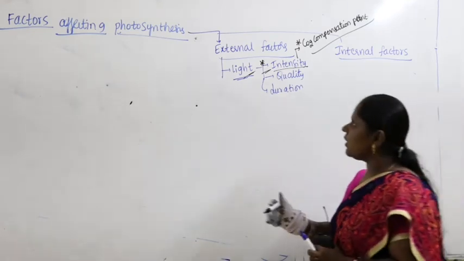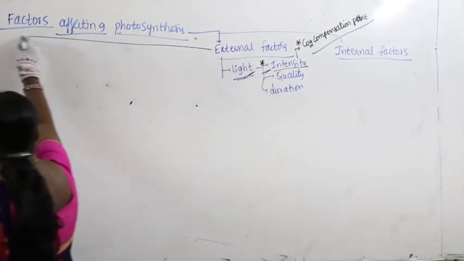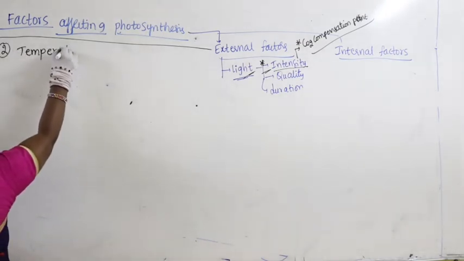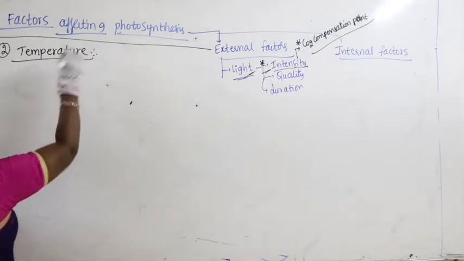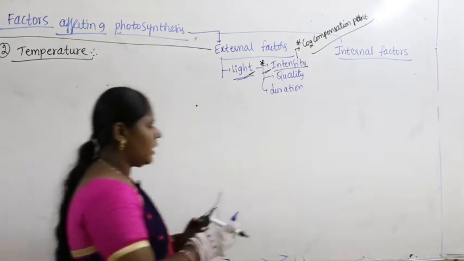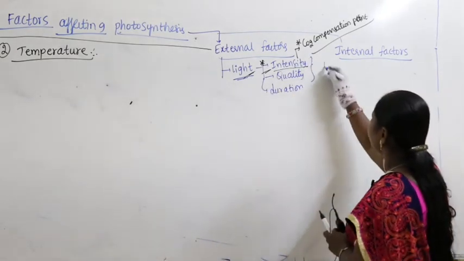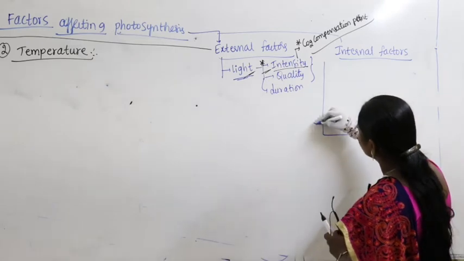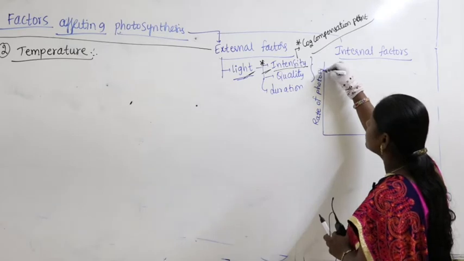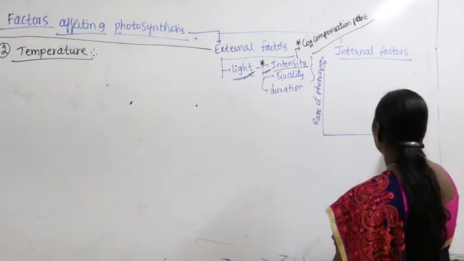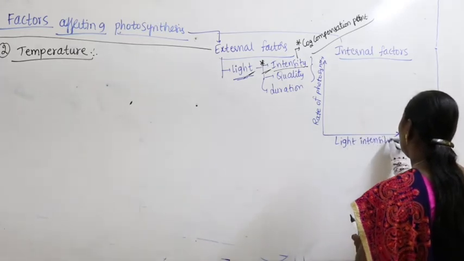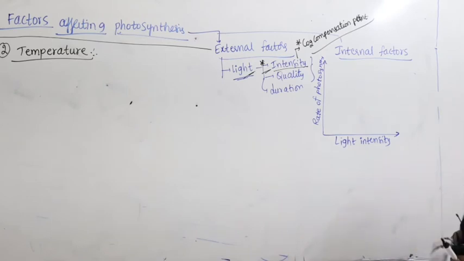Right. Now what is the next factor in external factors? The second one is temperature. But before we talk about temperature, let us look at the light part. You are drawing the graph with rate of photosynthesis on the y-axis and light intensity on the x-axis.